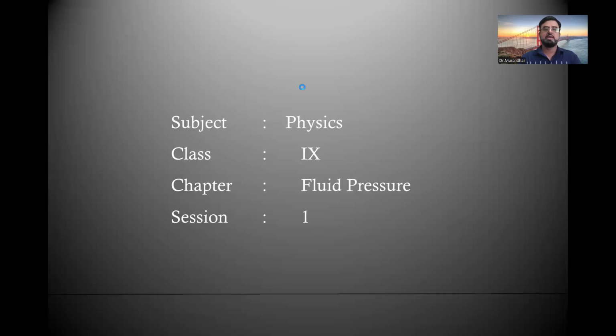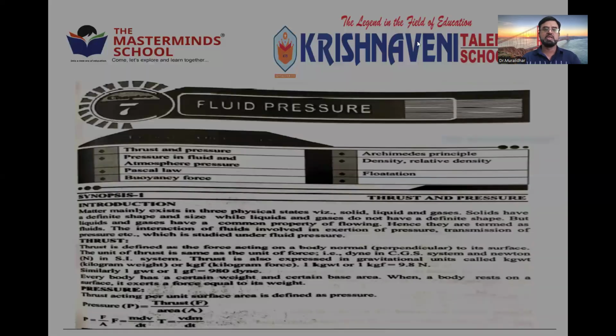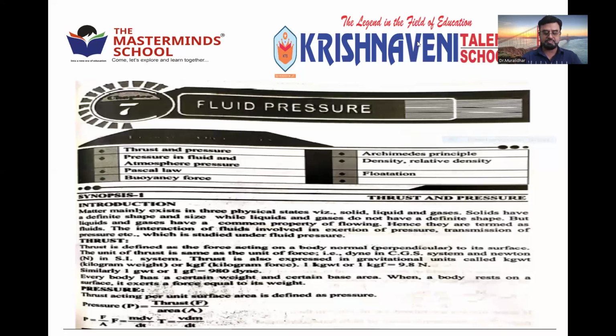But before that, let us see what topics we are going to cover. The first one is thrust and pressure. Then what is pressure in fluids? What is atmospheric pressure? What is Pascal's law? What is buoyant force? What is Archimedes principle? What is density and relative density?